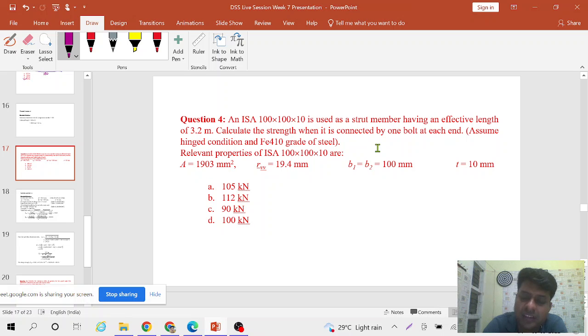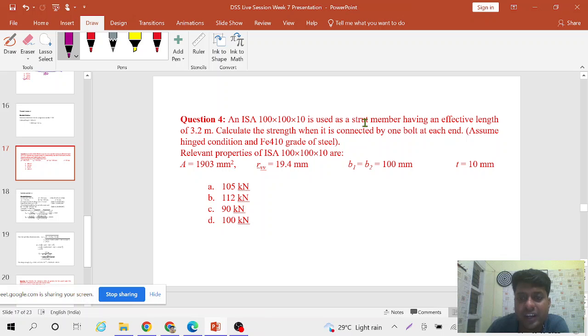Yes, you are saying it correctly. In steel buildings, the columns are specifically termed stanchions, and in RCC buildings, the pillars are known as columns. Yes, fantastic. So here they are saying that there is a strut member.